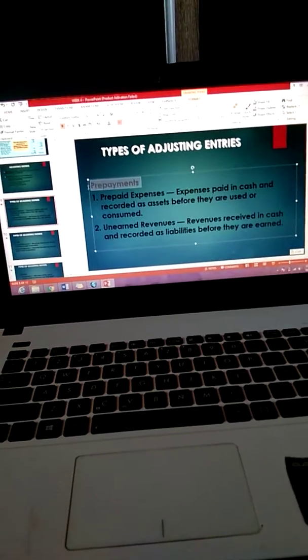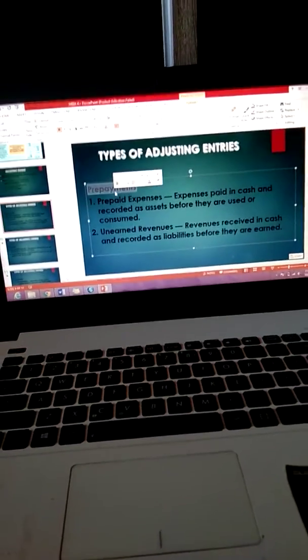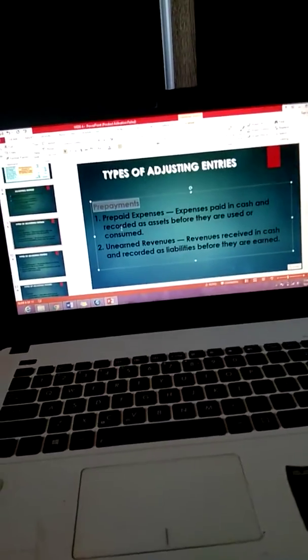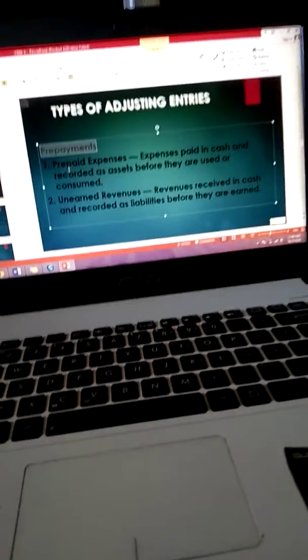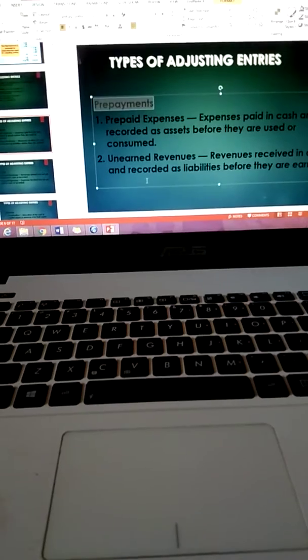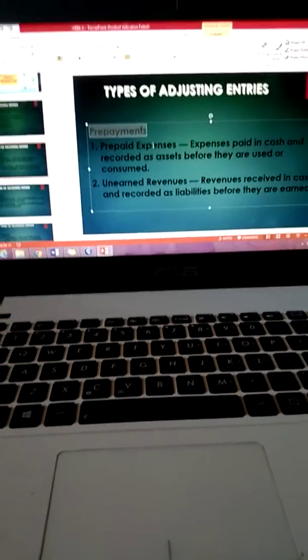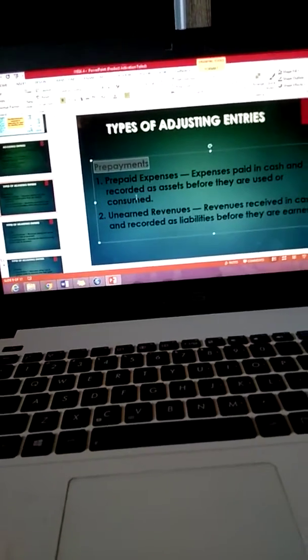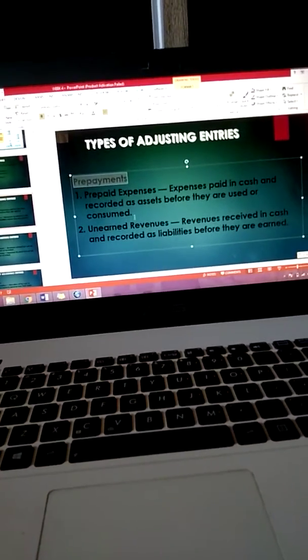Prepayment is when you have already paid, or you have already received the money as revenue, but you haven't yet delivered the product to your customer. That's why it has two things here: either prepaid expenses or unearned revenue. Prepaid expenses are paid in cash and recorded as an asset before they are used or consumed.